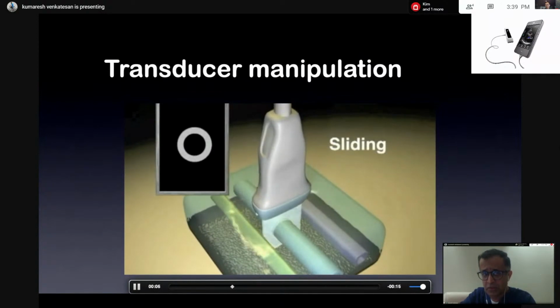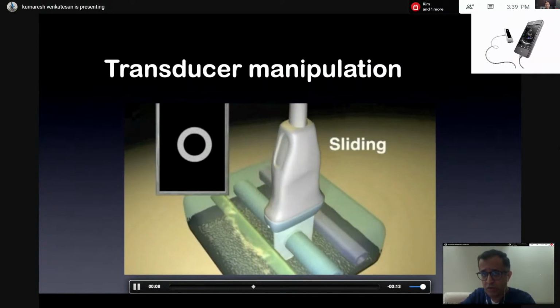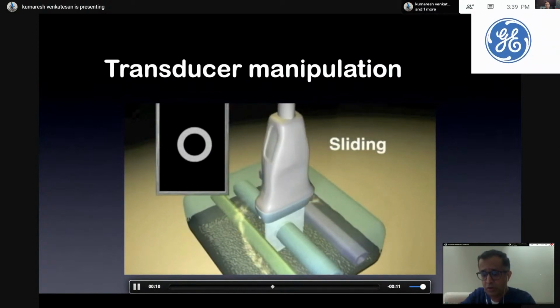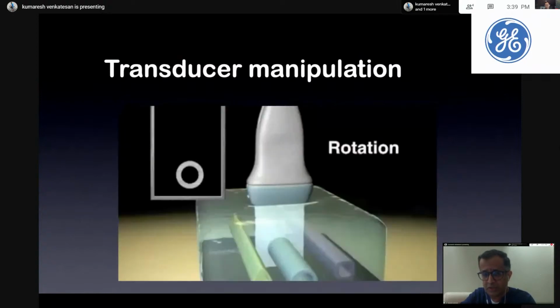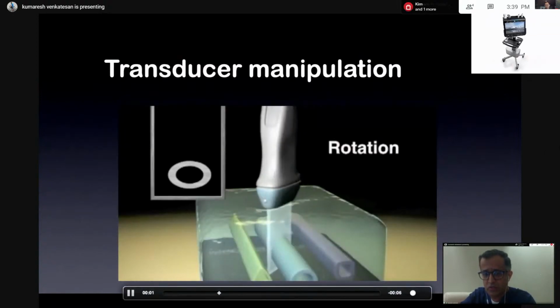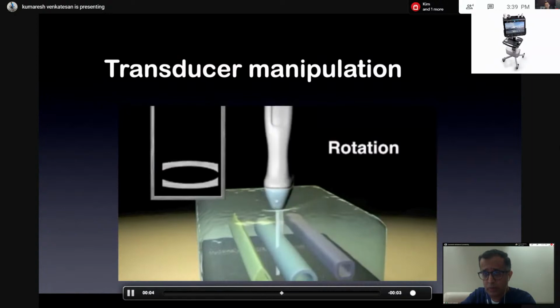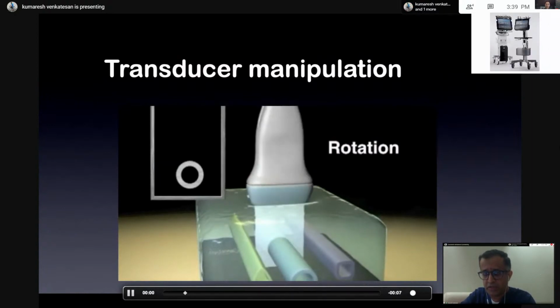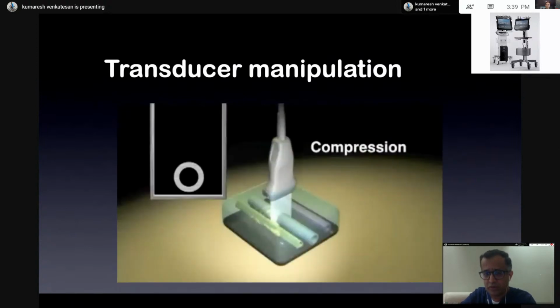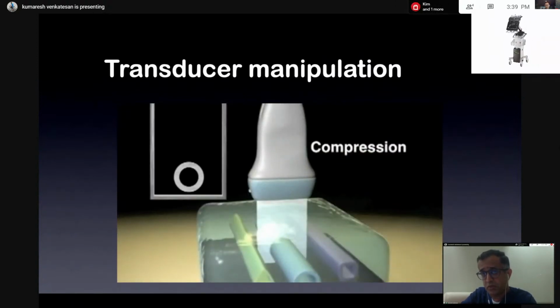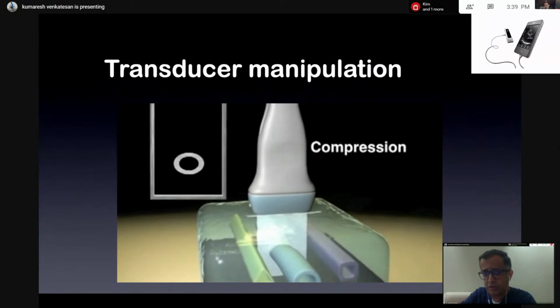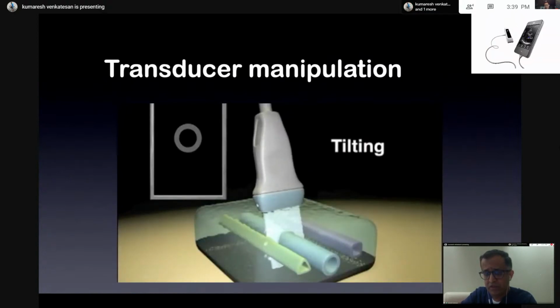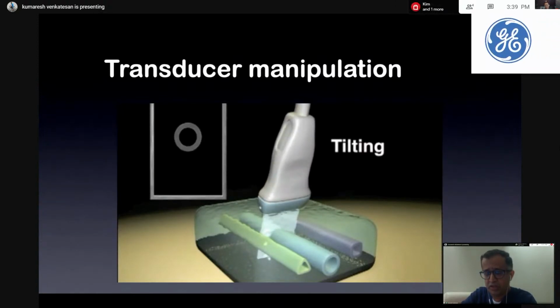So when you say slide, you either go along the vessel or slide across to look at the relationship of the adjacent vessel. And then rotation, where you rotate the probe 90 degrees to switch between the short axis and the long axis views. Compression, you do it to identify whether it's a vein or artery. Tilting, where you hold the probe and then you gently tilt the probe.